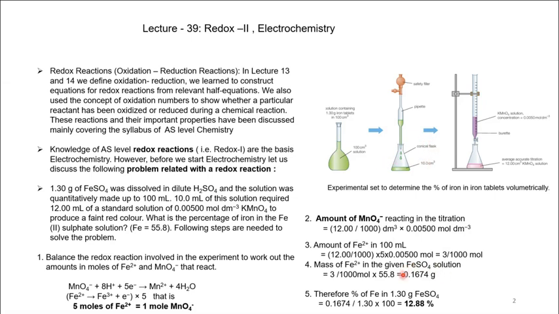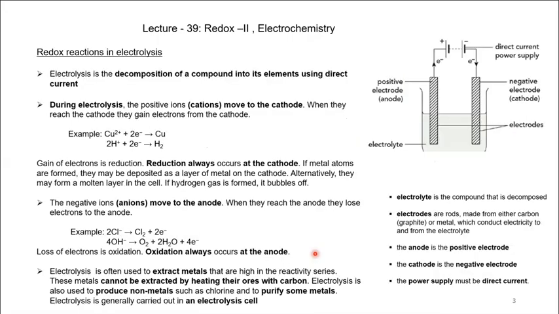So we can now find the percentage of iron present in the 1.3 gram of ferrous sulfate, and the percentage is 12.8. So you can see how we use this redox reaction to find quantitatively the percentage of a certain substance.